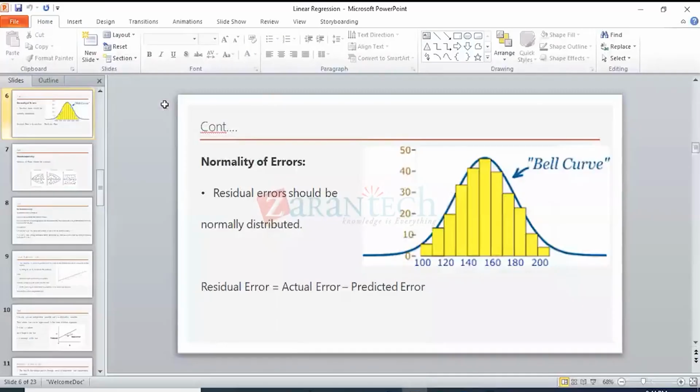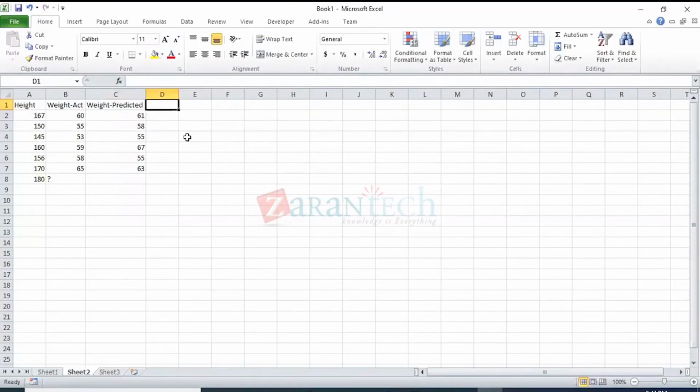Let's calculate the difference between my actual weight and my predicted weight. Let's call it errors or residuals. It can be called both errors as well as residuals, so don't get confused if you hear the term residuals. It is nothing but the difference between my actual weight and my predicted weight.